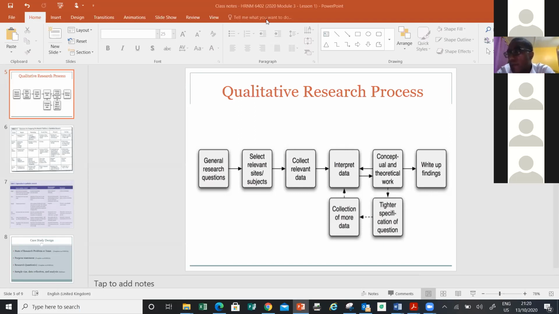Gone are the days when HR is transactional. HR is now moving towards being transformational. So we're talking about strategic HRM, HRD, even things like talent management. It's moving in a different direction.